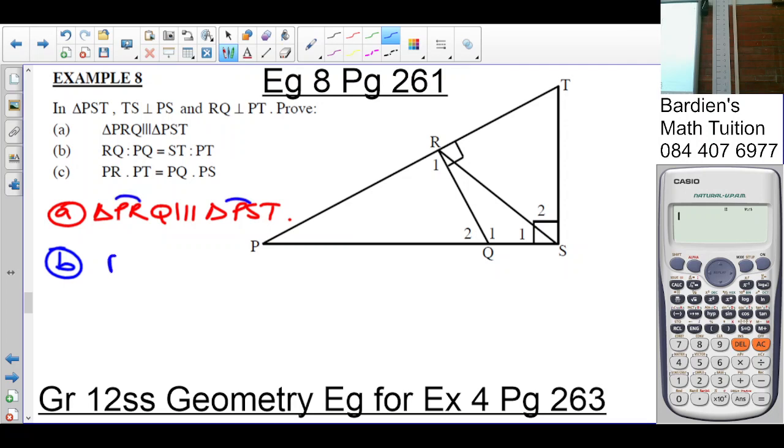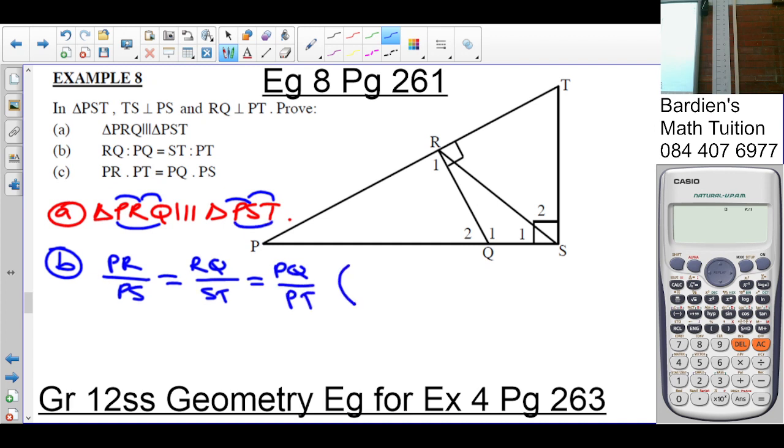So I say PR over PS is equal to RQ over ST equals PQ over PT. Why? Because triangle PRQ is similar to triangle PST. Or you can say sides are in proportion. Okay?